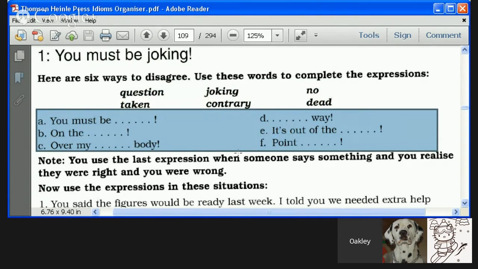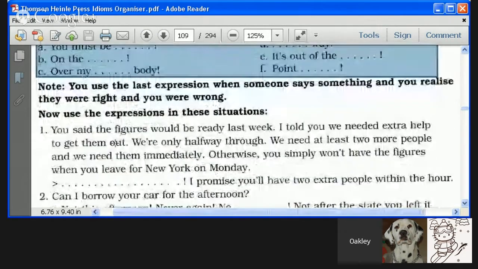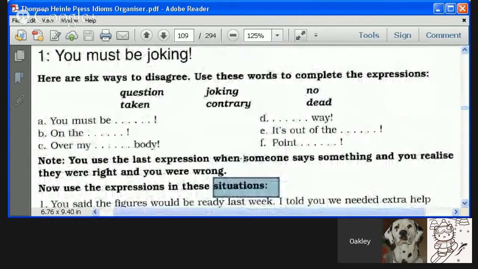And then after that we'll be figuring out the situations where we would use these idioms. So first things first, see how many of these you know to begin with, or I can explain them if you do not, and I will try to explain something about them so when we look at situational use, we'll be able to figure it out.